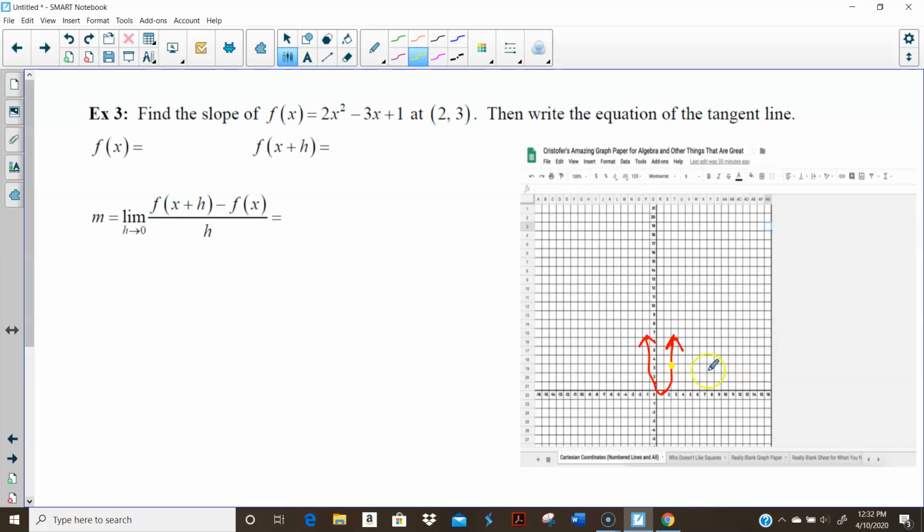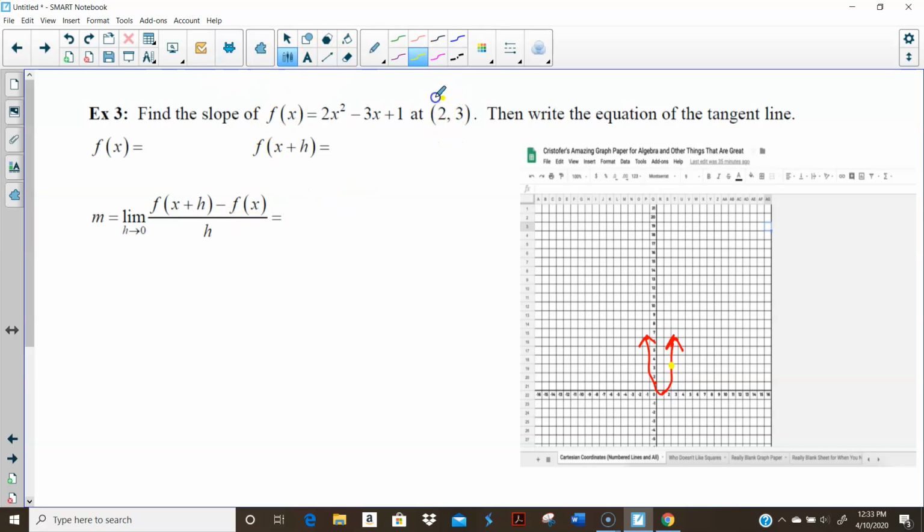And so I'm going to use a tangent line, and if I can find the slope of that tangent line through that point, then I will be able to tell you the exact rate of change at that exact point, which is called instantaneous rate of change.